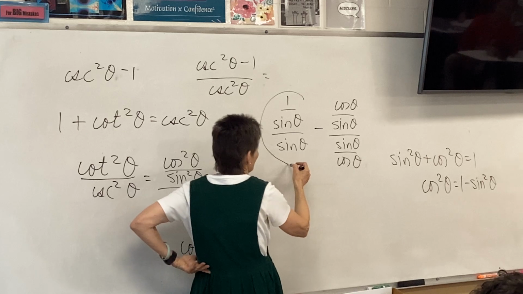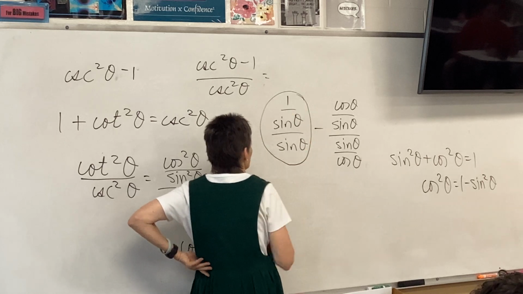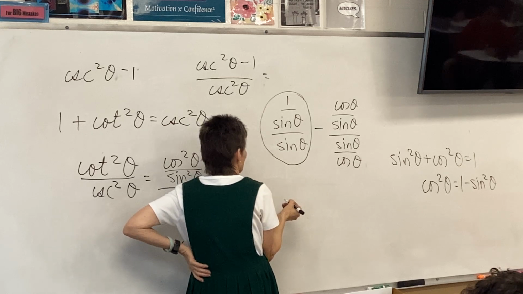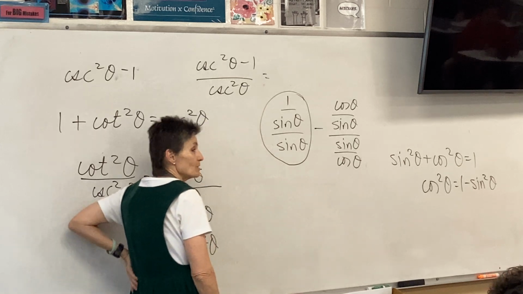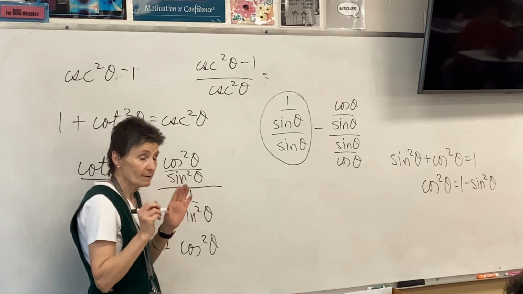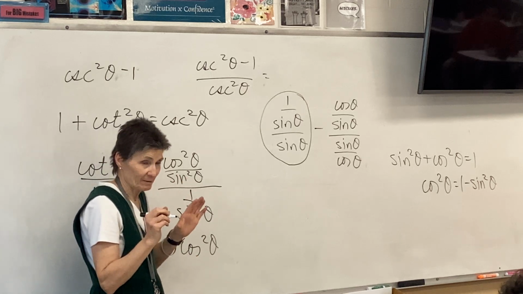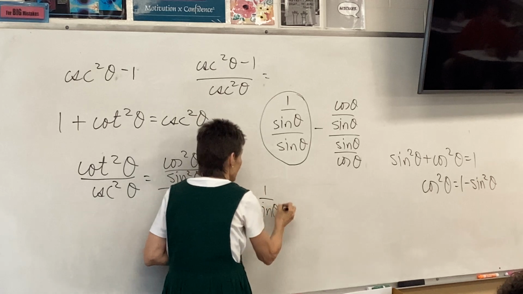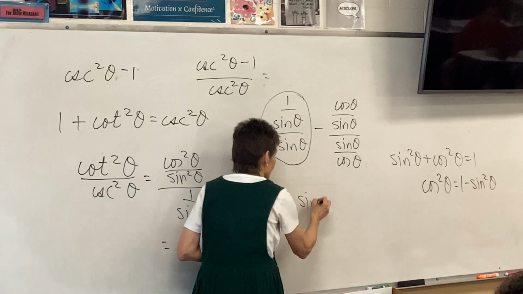Well, let's simplify each fraction first, then we'll get a common denominator. What's this? Oh my gosh, you guys. Now, if you think about this for a second, this is 1 over sine divided by sine, correct?